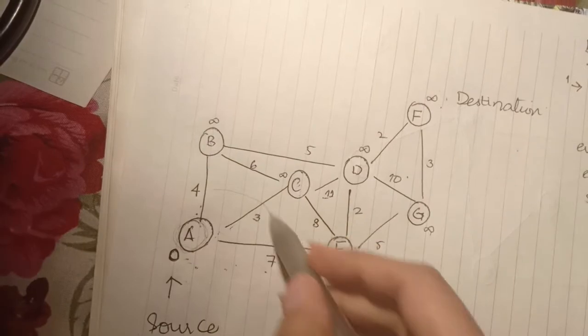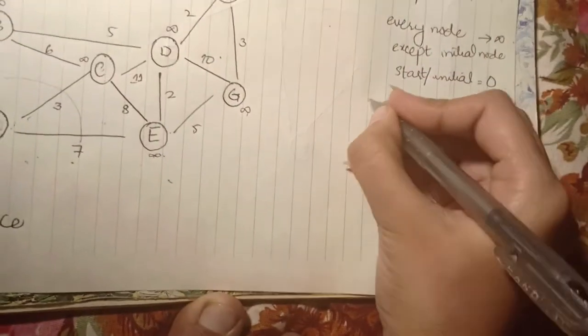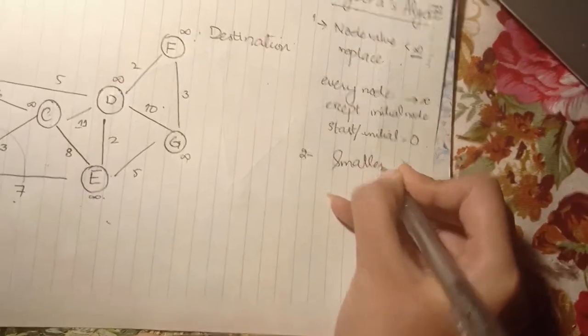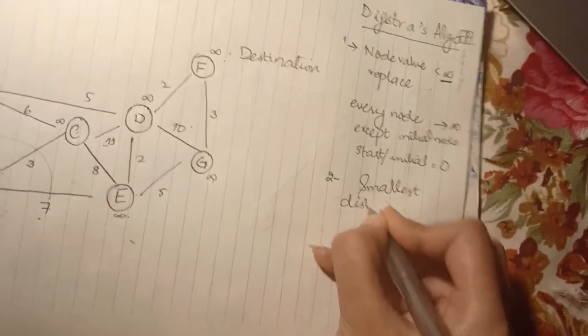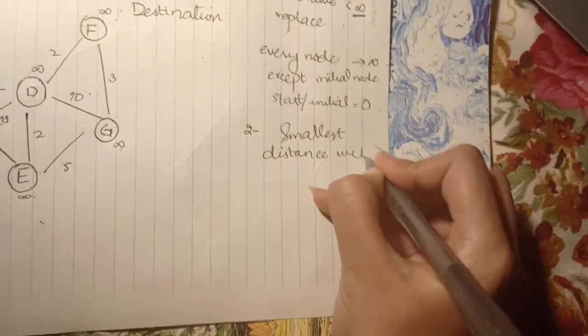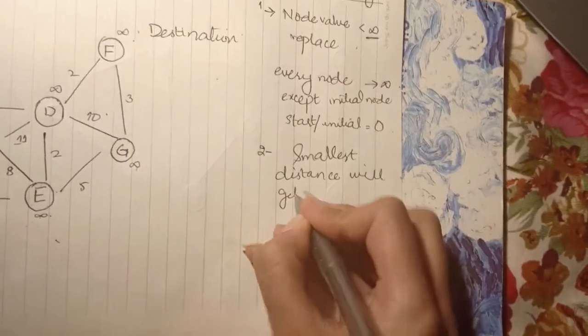So here we'll see our rule is the smallest distance will get preference.